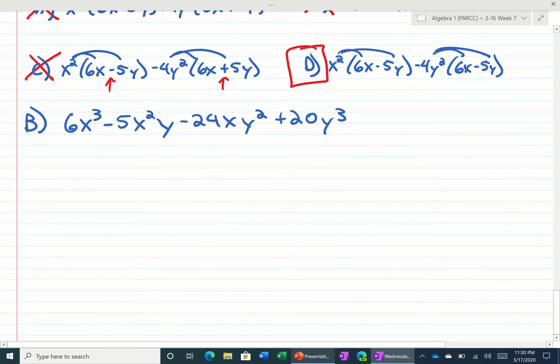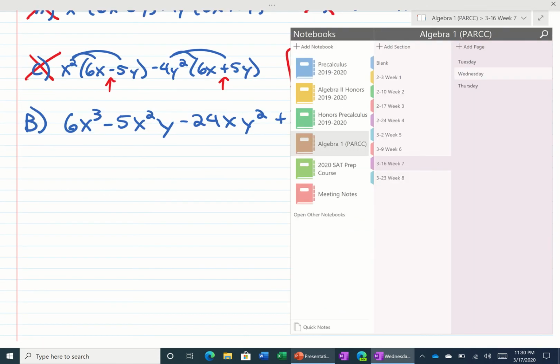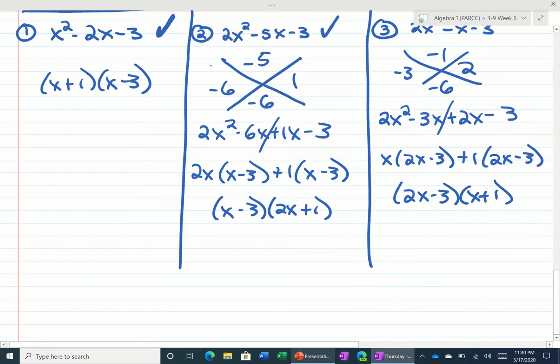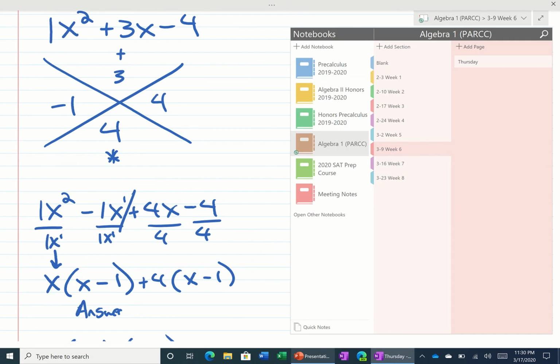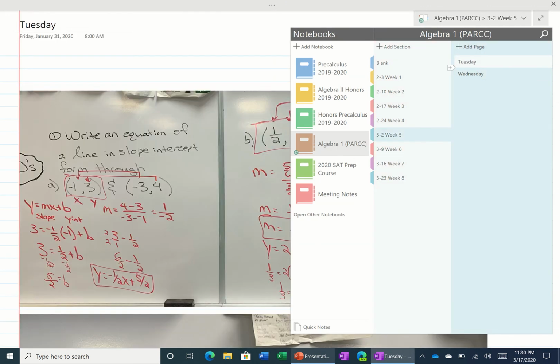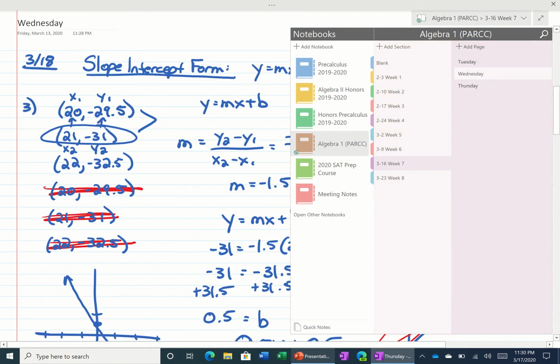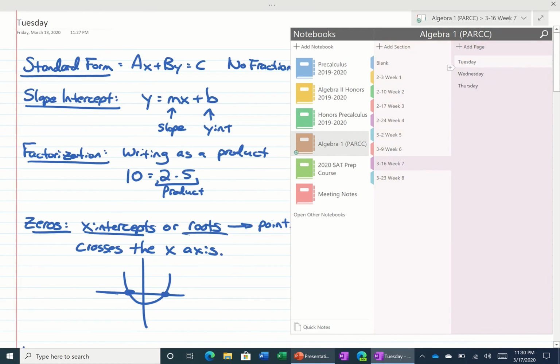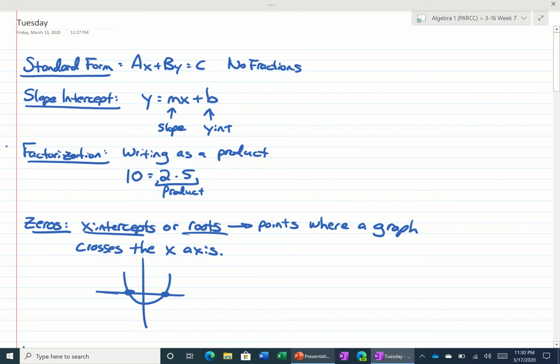Let's see where that is. Here it is. Factorization means what can you multiply to get the same thing? Writing as a product.